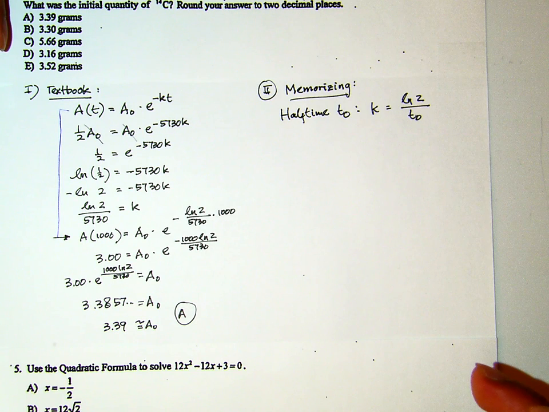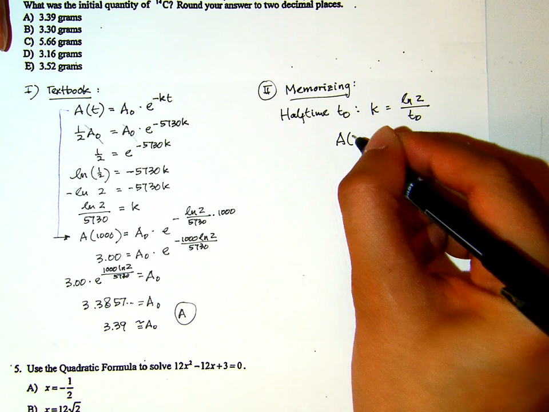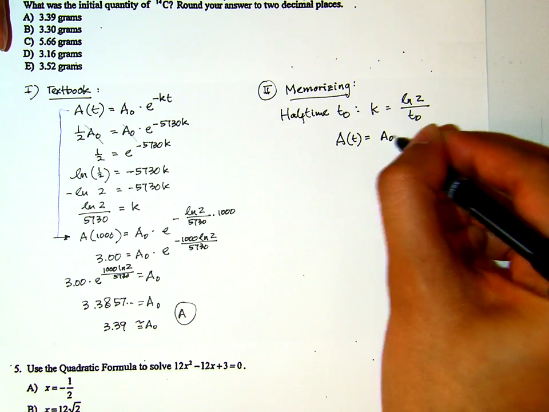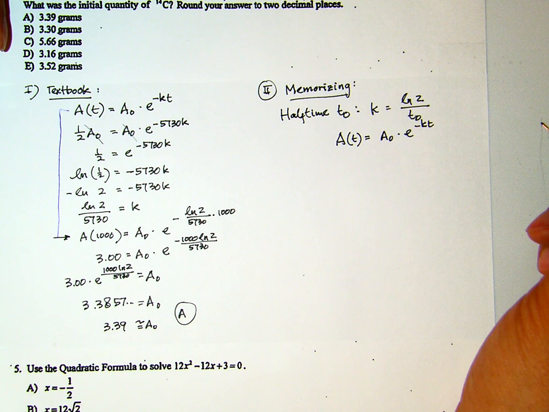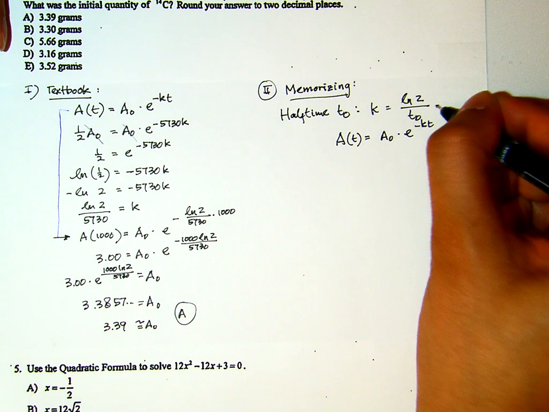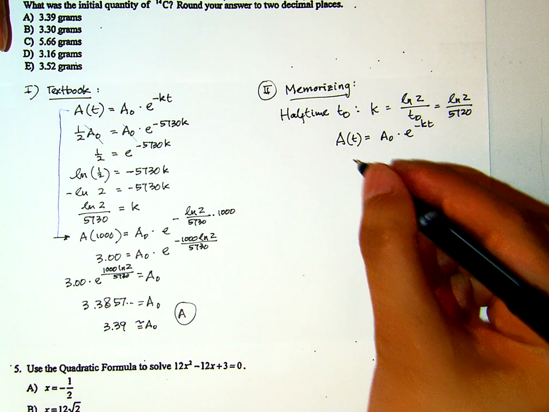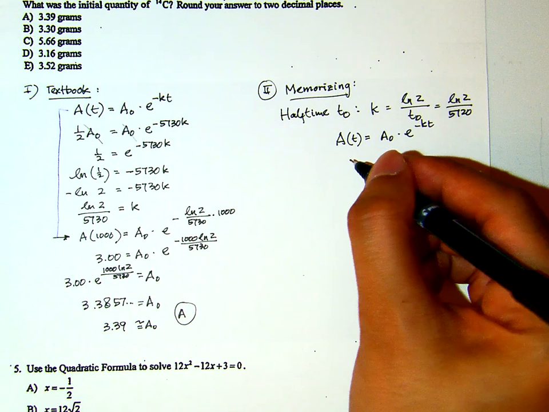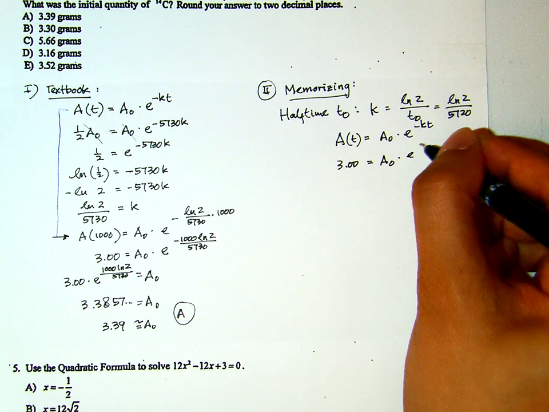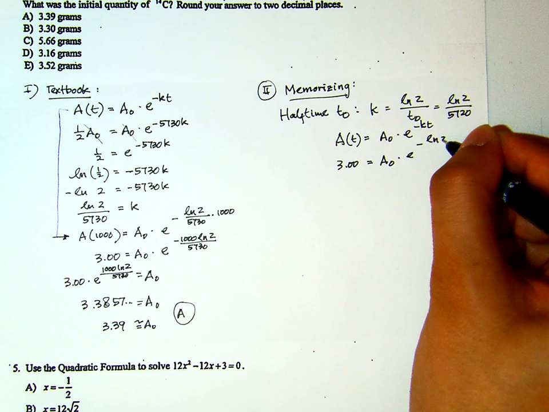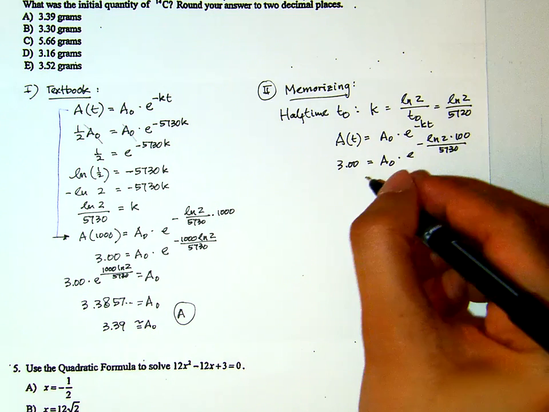If you can memorize this form, it is better. Then the big formula is A equals A naught times e to the negative kt. So K equals ln2 over 5,730, and after 1,000 years the amount equals the initial amount times e to the ln2 times 1,000 over 5,730.